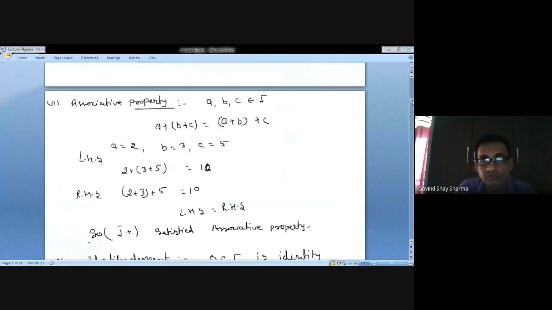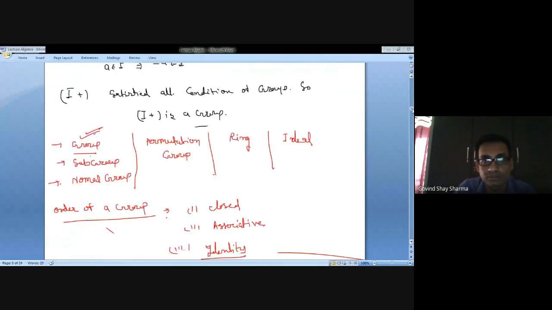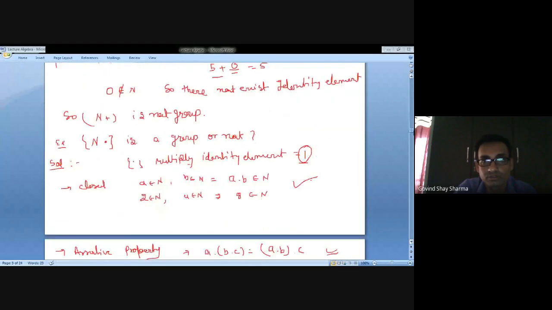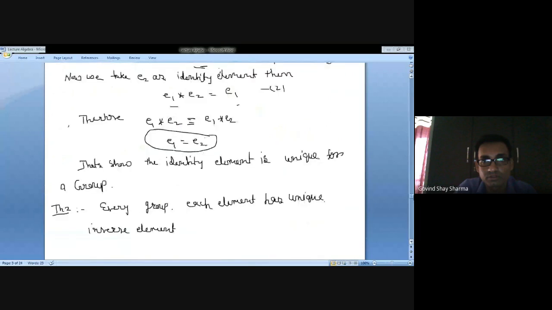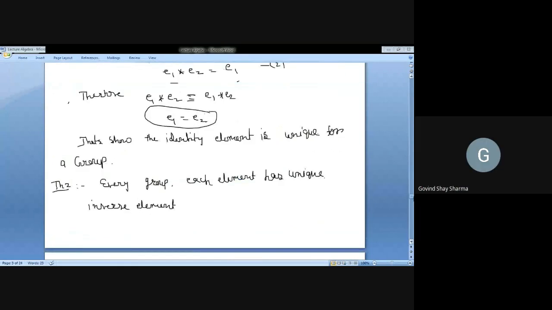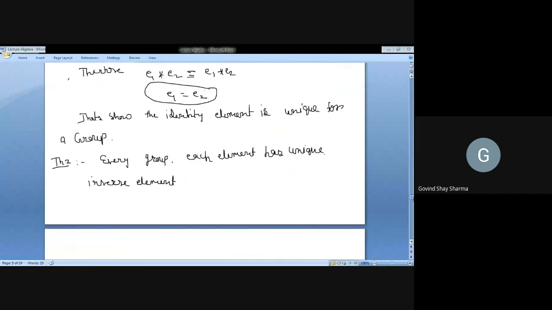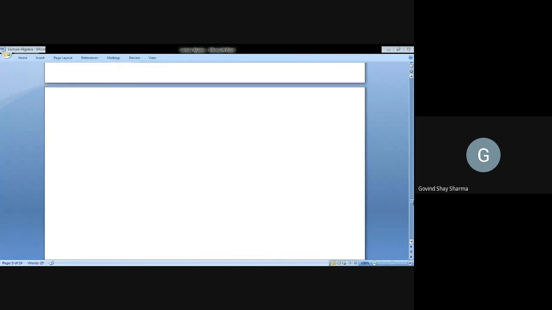Now, continue with abstract algebra. In a group, each element has a unique inverse element. Now we start with some properties and a small description about the group.